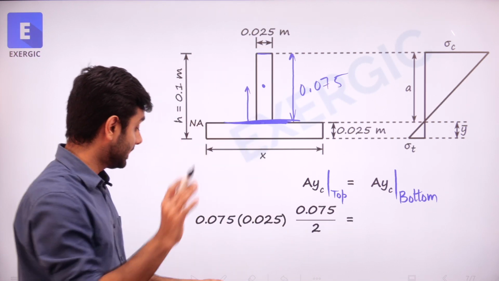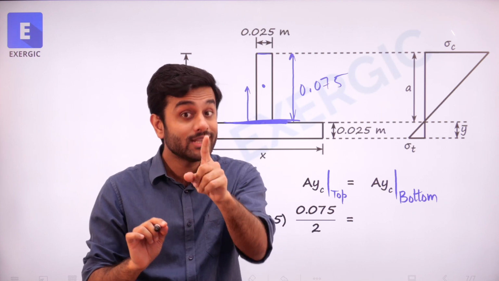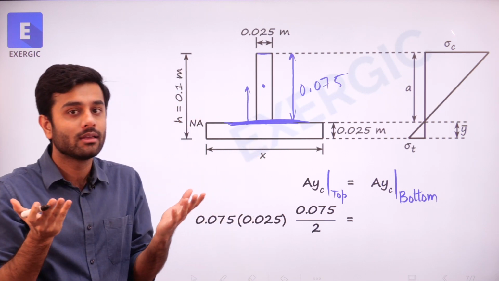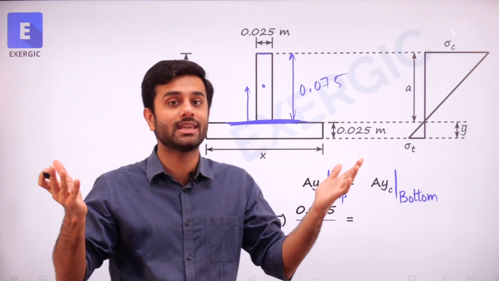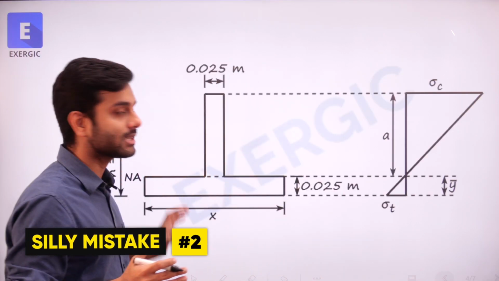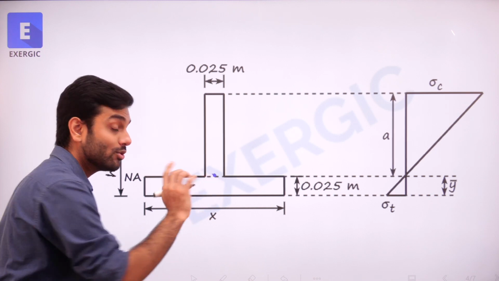Please note one thing, I would remind you about one thing. We are doing the calculations from this point, from this line. Why? Not everywhere. Don't do this mistake that whenever you got this question of T section, you started doing the calculation from this point. Don't do that mistake.